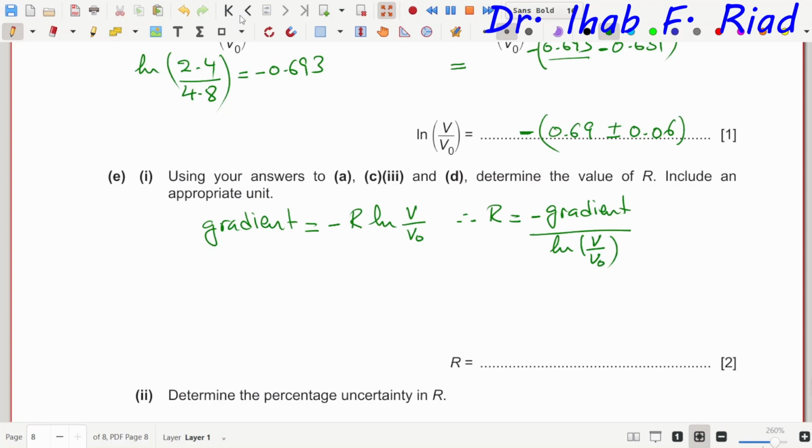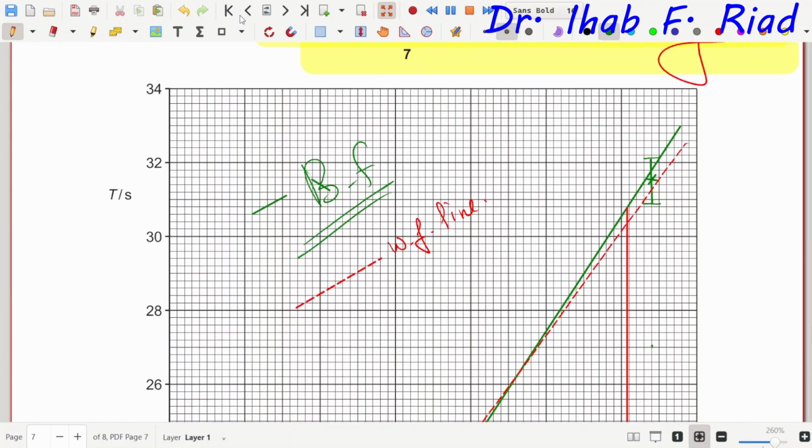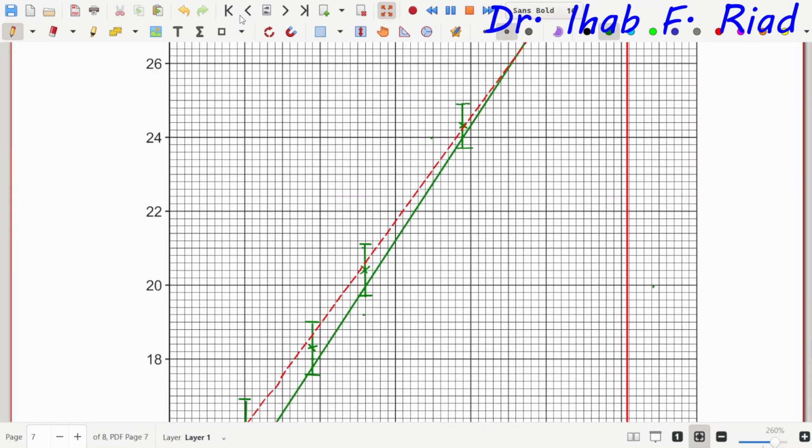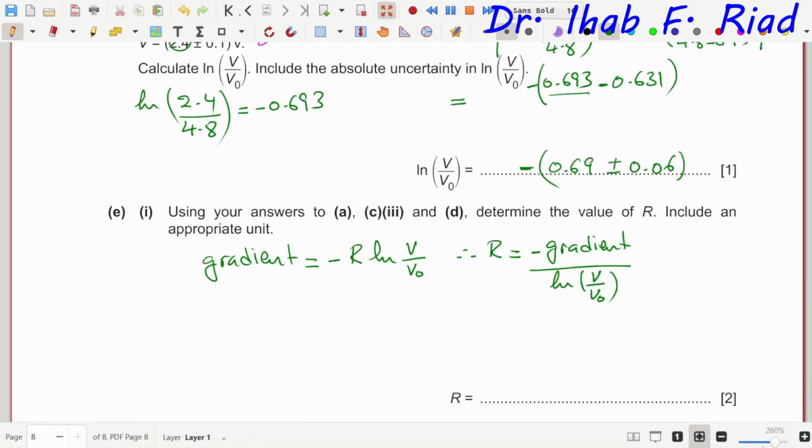So what is the gradient? The gradient is 15. Then R is equal to minus 15, divided by minus 0.69 times 10 to the 4, right?